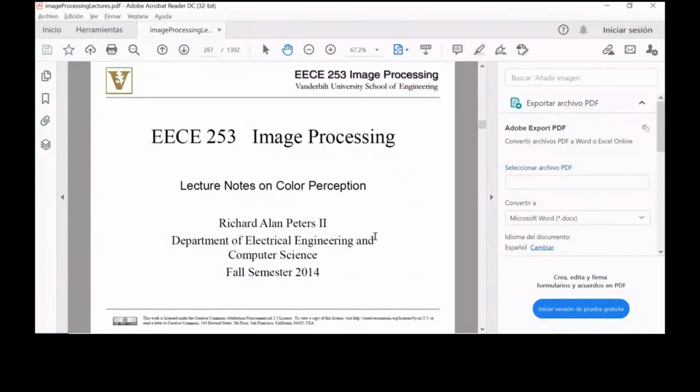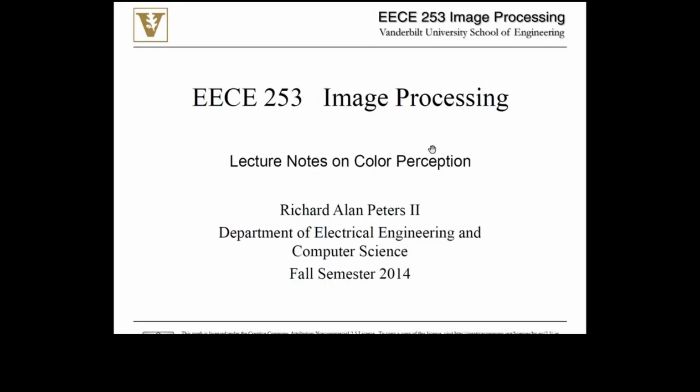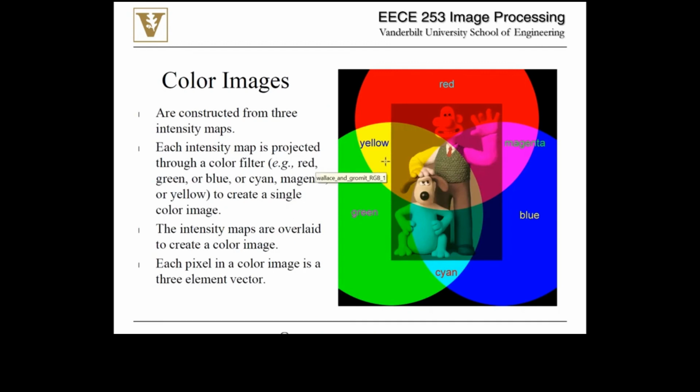Okay, then we continue with 10 minutes more. So, next lecture is on color perception. Color perception is how we perceive colors. We are already familiar with this concept that if I want to represent a color, I can do that by adding photons of 3 different wavelengths.